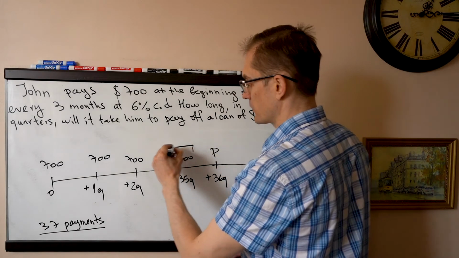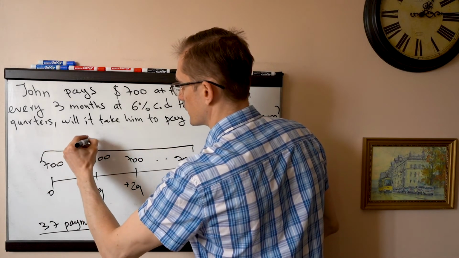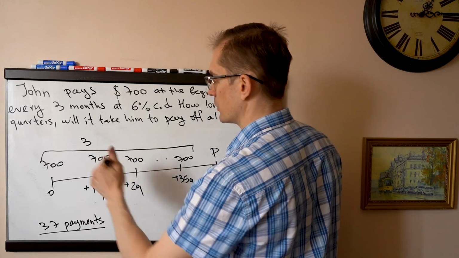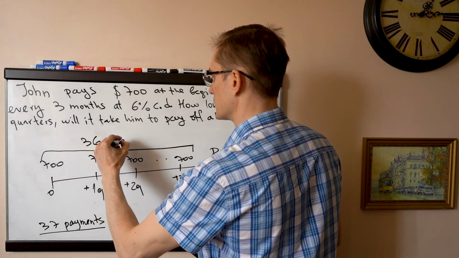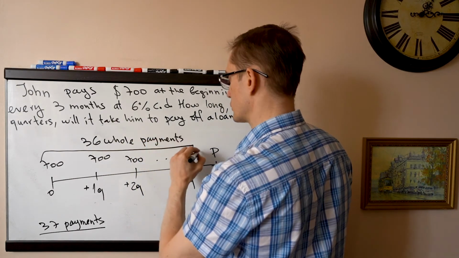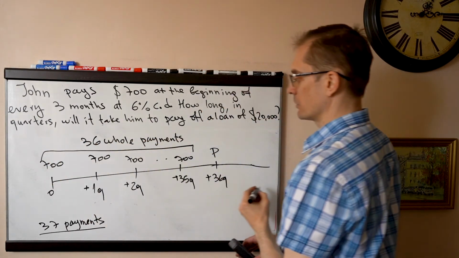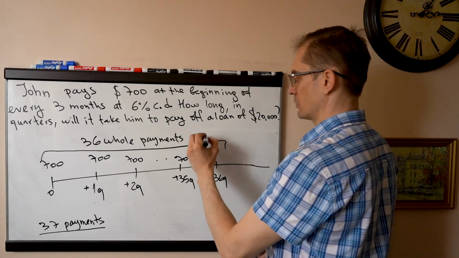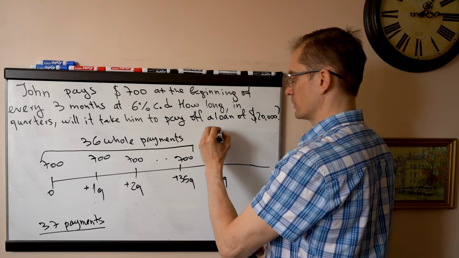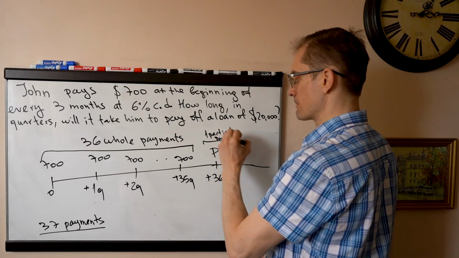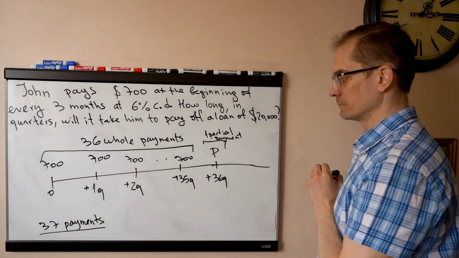But all of them combined represent 37 payments, right? So look, all these payments are 36 whole payments, and there is also one last partial payment. One partial payment.